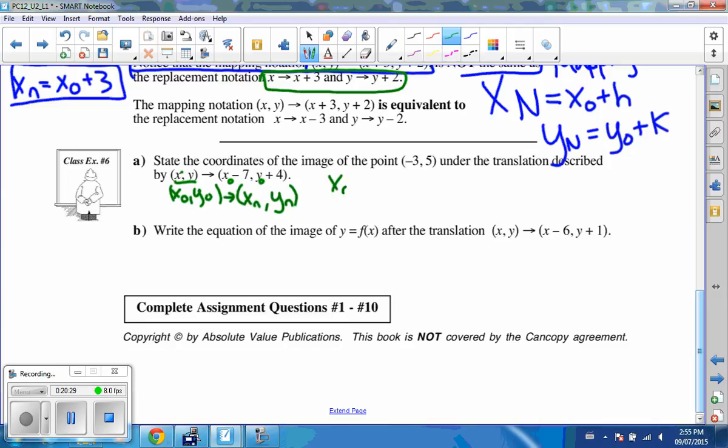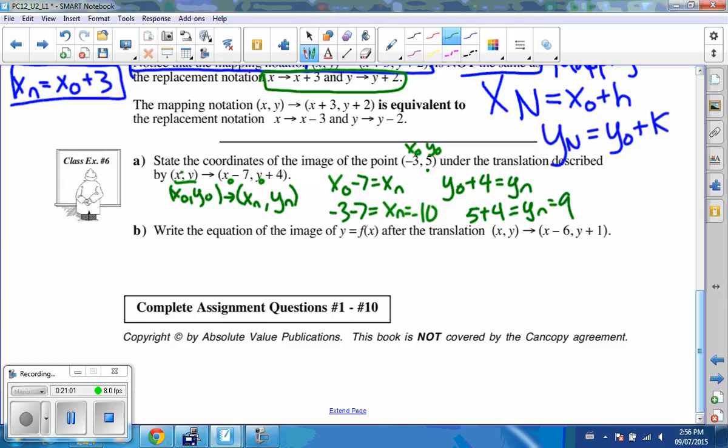So x old minus 7 equals x new. y old plus 4 equals y new. So they've given me the old point. What are the coordinates of the image? The old point, this is x old, y old. So I'm just going to put this in like that. So my new x value is -10. So it's going to be -10, 9.